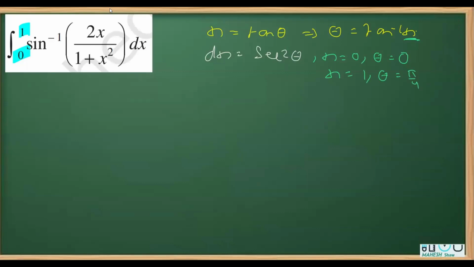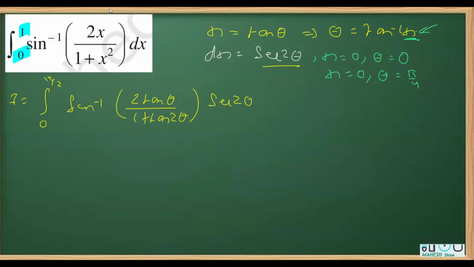So now the question modifies, and I'll write I is equal to the integral from 0 to pi by 4 of sine inverse of 2 tan theta over 1 plus tan square theta, and dx will be replaced with sec square theta.